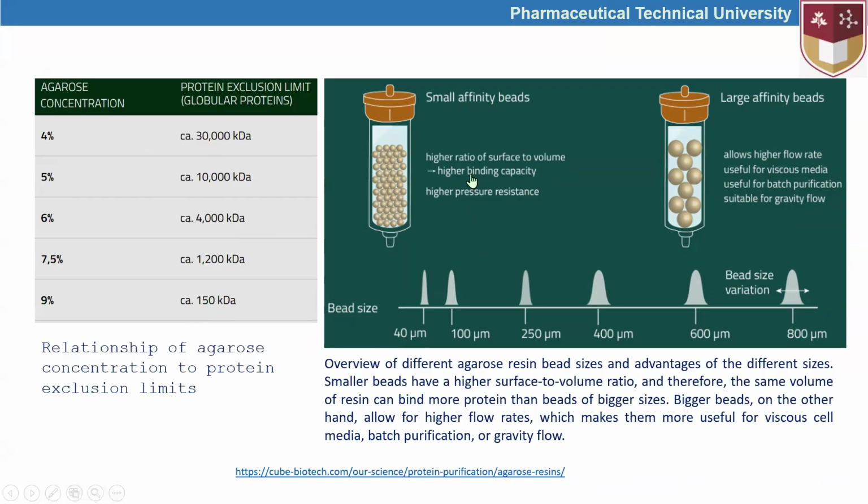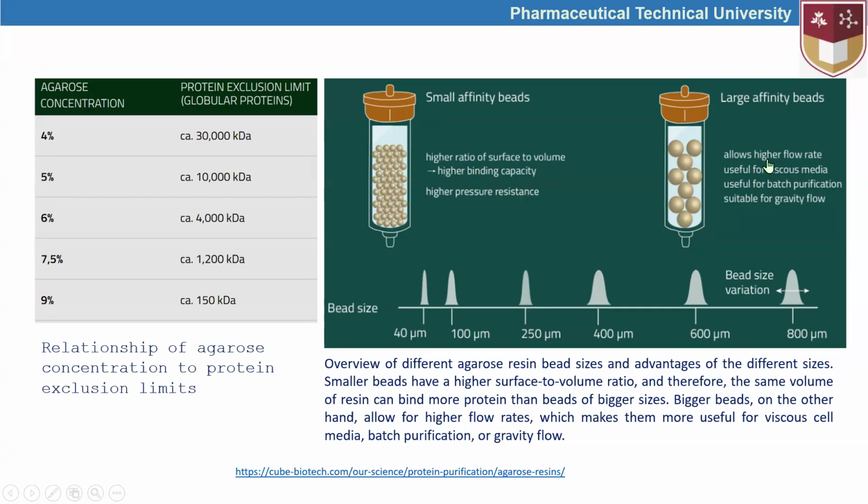The point we need to understand: if the size of the agarose is smaller, this is not about the cross-linking, this is about the size. If the size of the gel is smaller, then the surface is higher. The higher ratio of surface to volume leads to higher binding capacity. If the binding capacity is higher, the separation can be more effective.